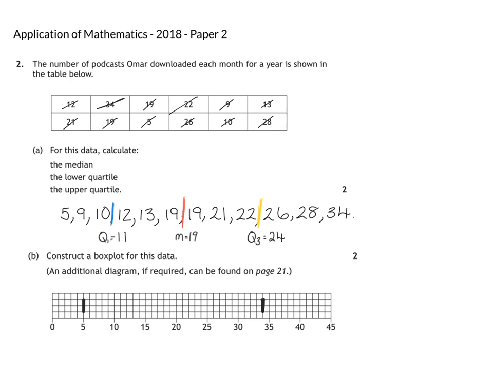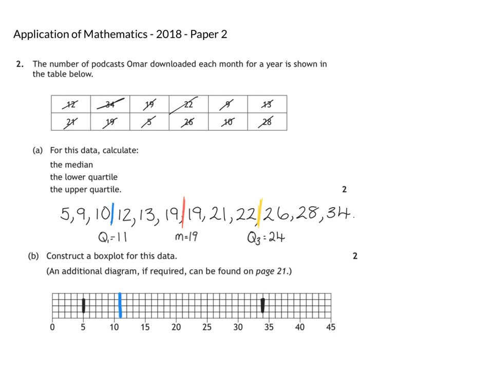Our Q1 was blue, so I'm going to put that in blue at 11. The thing to be careful of here obviously is the scale. We can check there are 5 boxes here and 5 in our numbers, so each box is worth 1. But you need to make sure that that's the case every time and don't just assume it.